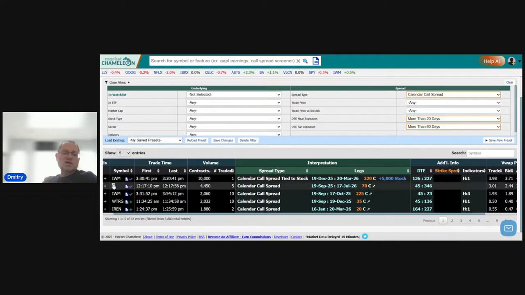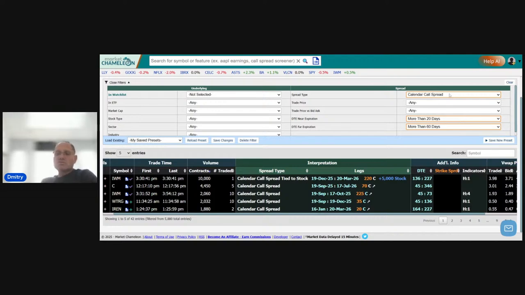You could see IWM, Citigroup, IWM, and so on. So this lets us look at maybe longer term calendar spreads. If we want to do shorter term, we could also use these different drop downs to select that.